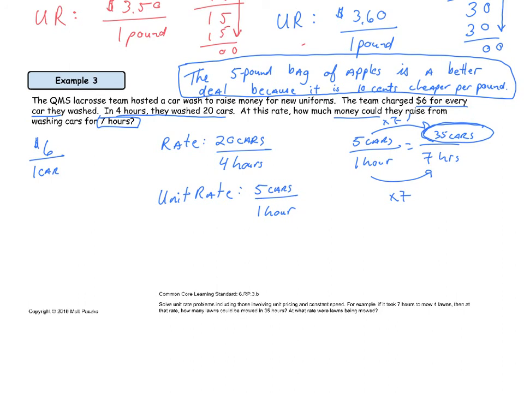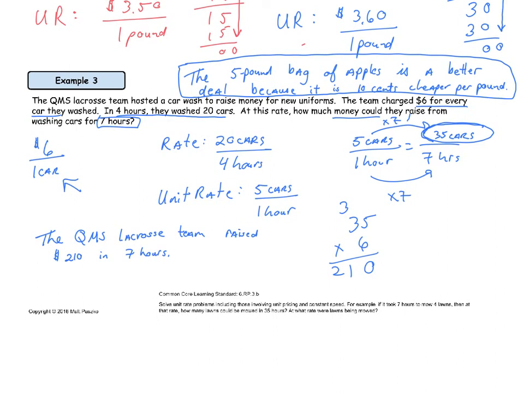If they charge $6 for every car, we have to multiply 35 times 6. You end up getting $210. To finish this problem, you just write a quick sentence. The QMS lacrosse team raised $210 in 7 hours.